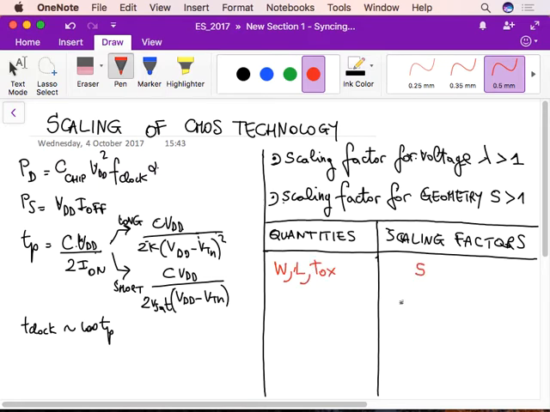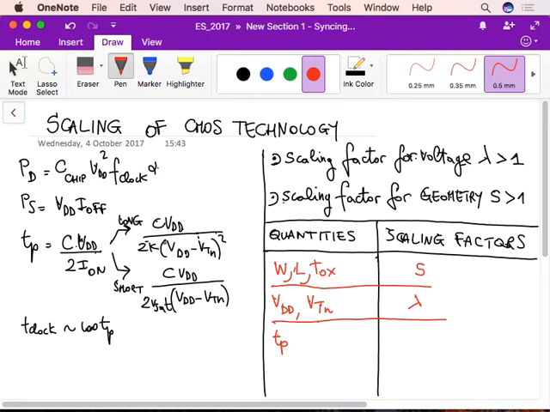They scale like S. Just by definition, the scaling factor for geometry is S. Then the voltages are VDD and VT and VTP. Let's assume that they scale by lambda. With this assumption, what is the scaling of TP?